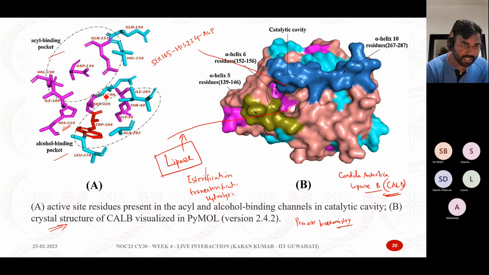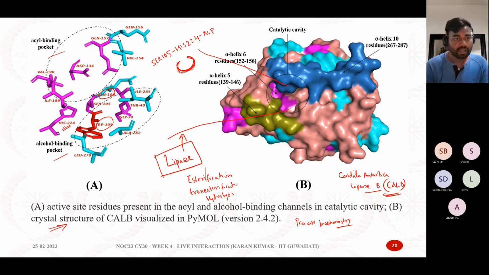And glutamine Q and tryptophan 104 form a kind of negative, anionic binding pocket, which stabilizes the formation of the catalytic site, this catalytic domain.